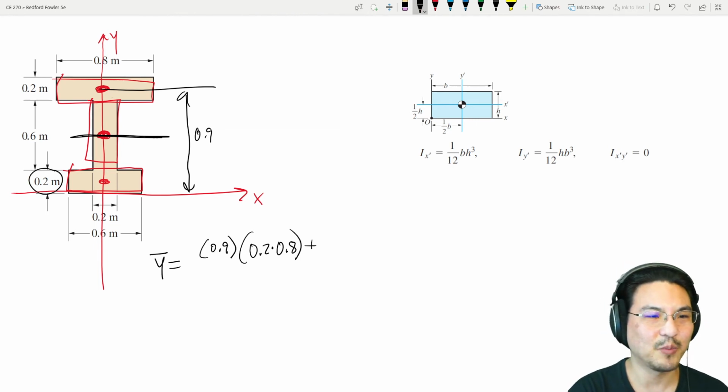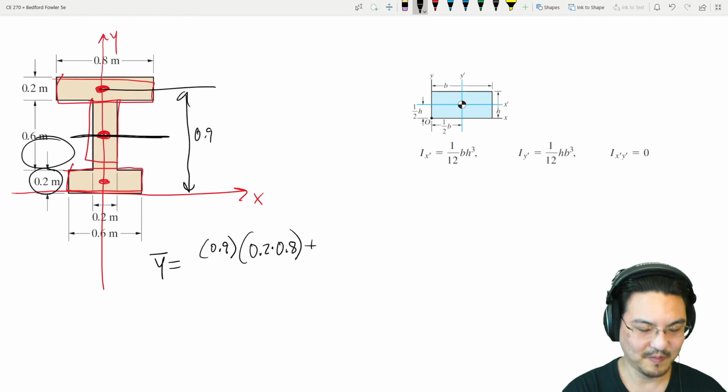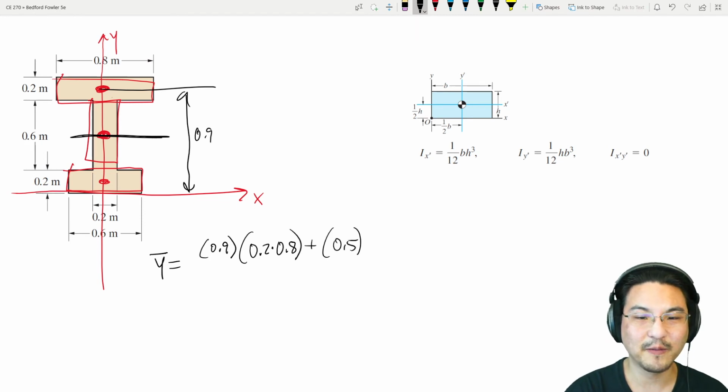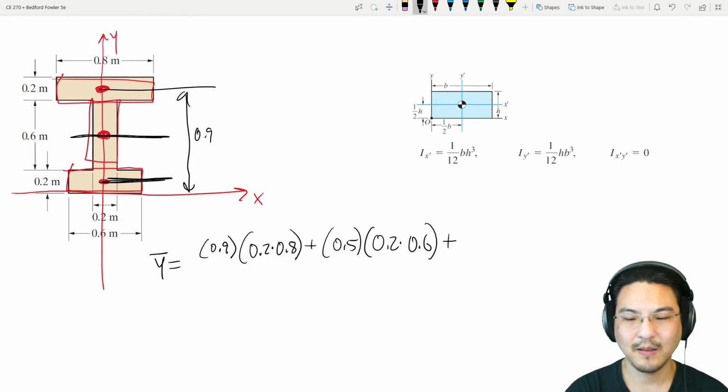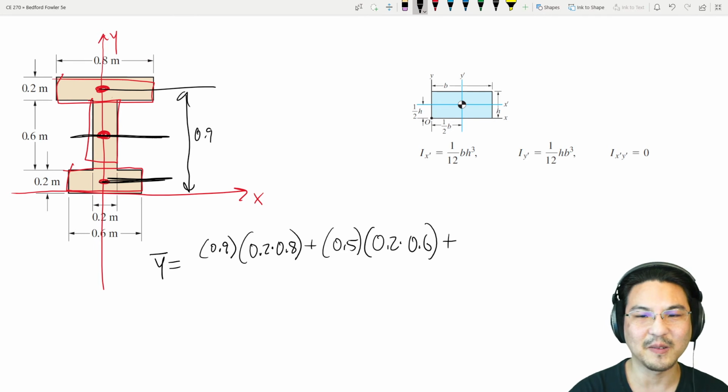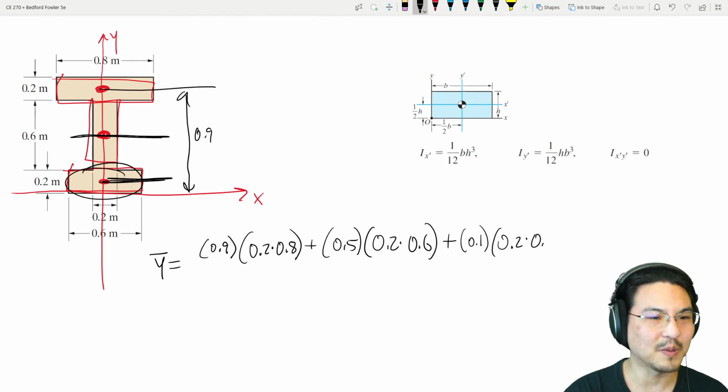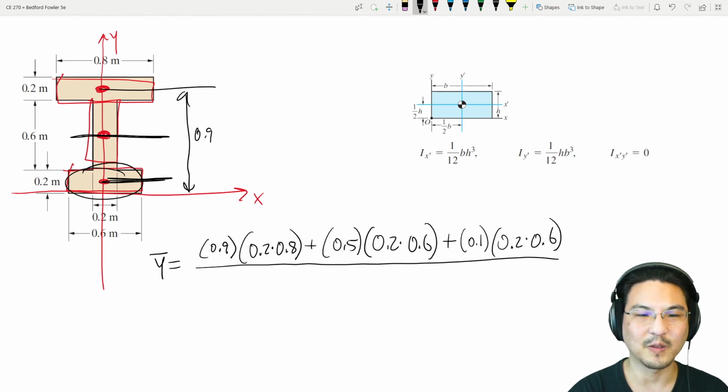It is 0.2 plus 0.3. So 0.5 times the area of this rectangle, which is 0.2 times 0.6, plus, where is this? It's halfway, so 0.1 meters times this area, which is 0.2 times 0.6. Okay, divided by the total area.